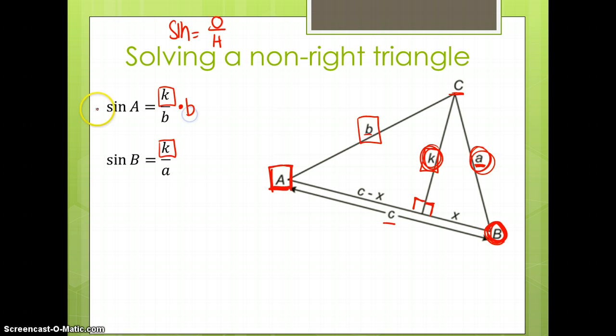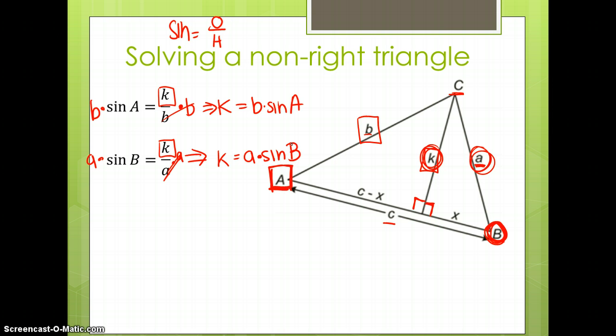In the first equation, take times B on both sides to cancel out the B's, and we get k is equal to B times sine of A. In the second equation, we multiply by A on both sides to get k alone, so the A's cancel out, and we get k is equal to A times sine of B.